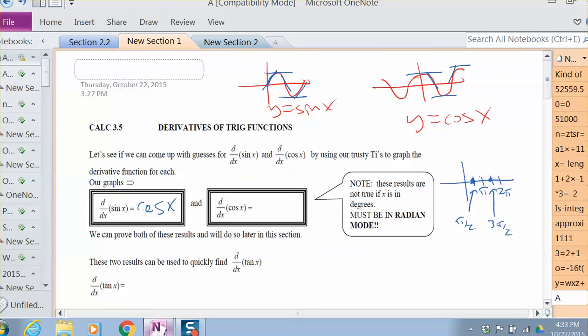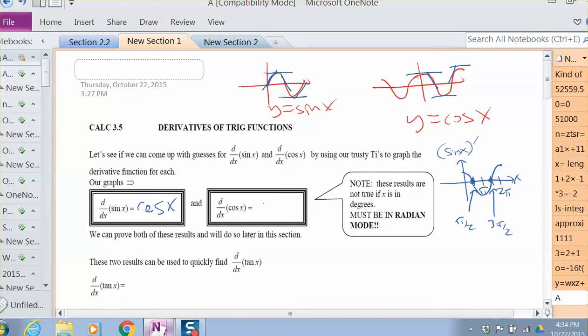And we also know that the tangent is positive from 0 to pi over 2. So basically, I'm graphing the derivative of sine here, if you haven't already noticed. Here's x. And then the derivative is supposed to be negative between pi over 2 and 3 pi over 2, and then back to being positive after that. So that's basically forming a cosine graph.